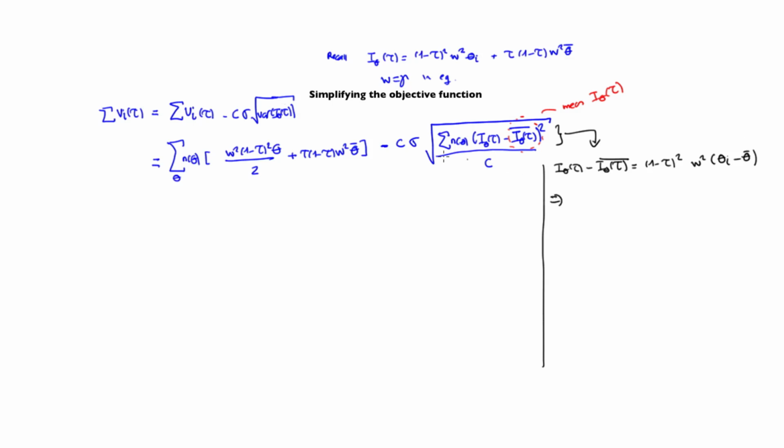But this implies that this term at the top, the sum of n theta times (I theta tau minus I mean theta tau) squared, is just equal to (1 minus tau) to the fourth, w to the fourth, the sum of n theta (theta i minus theta bar) squared.